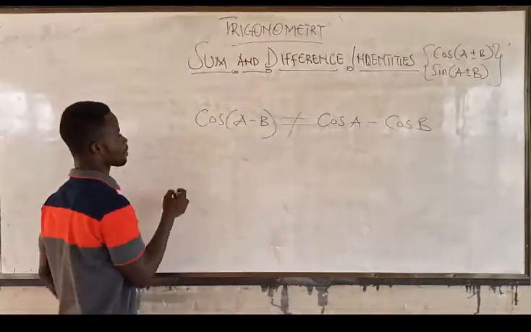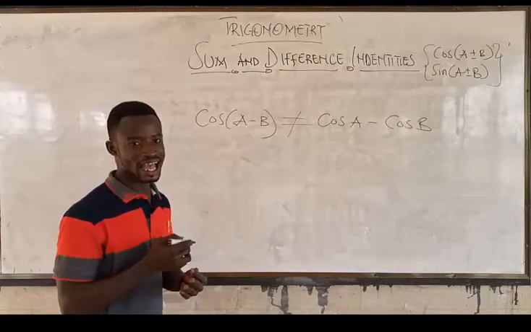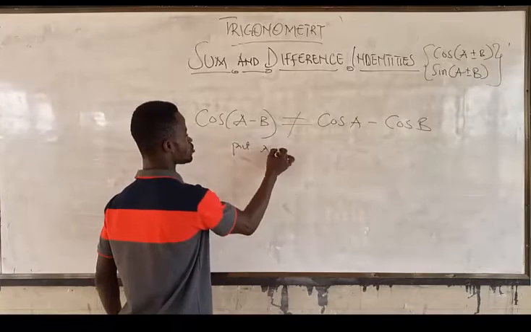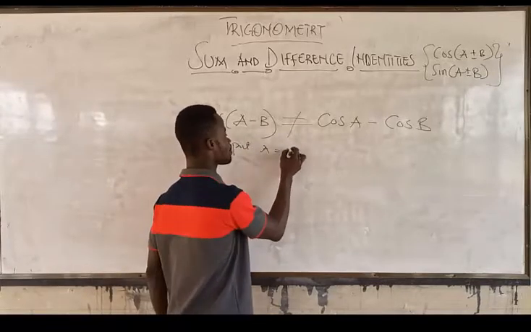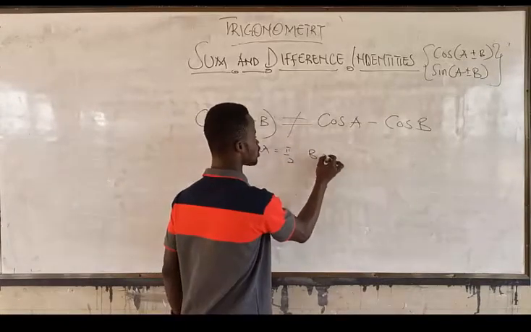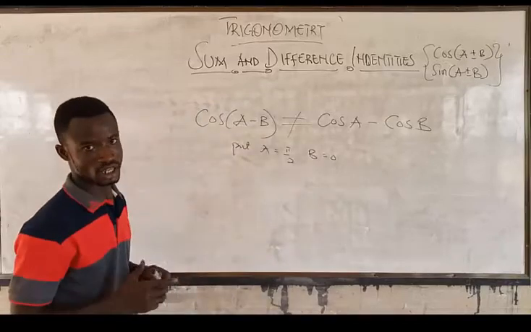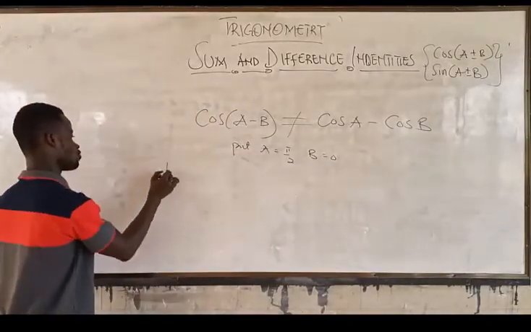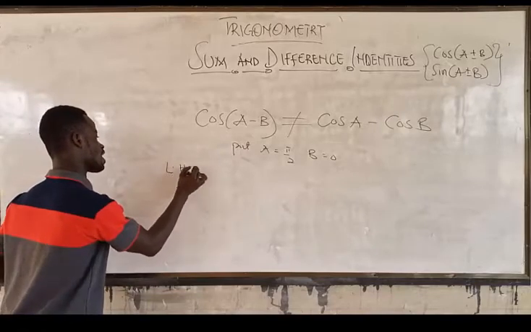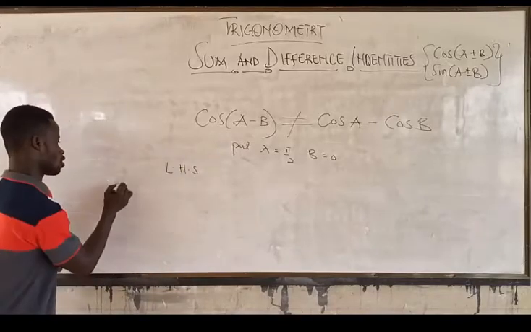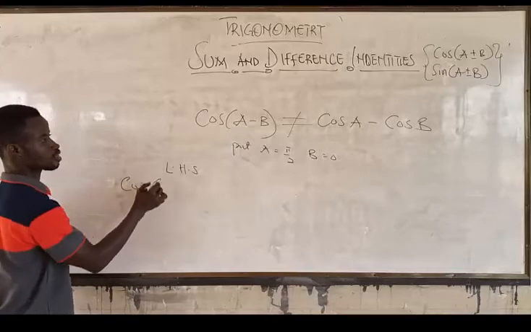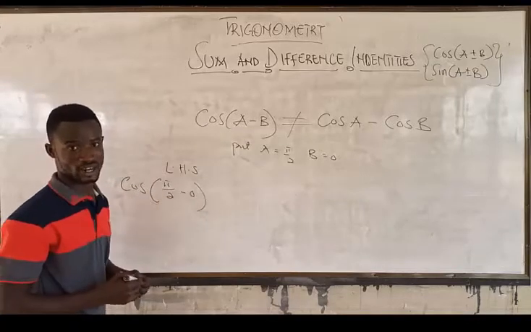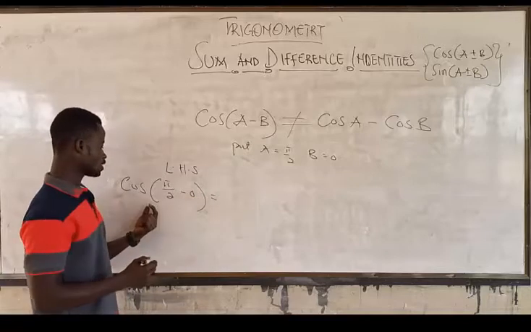Okay, let's prove. Let's assume that A is equal to pi over 2, and B is equal to 0, and see what we get. For the left hand side, you're going to get cos(pi over 2 minus 0).